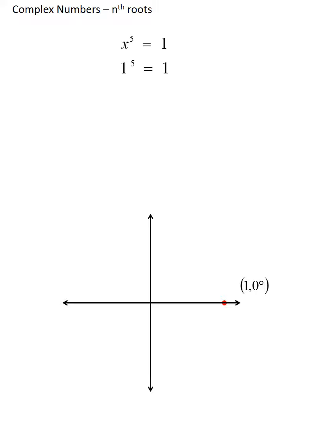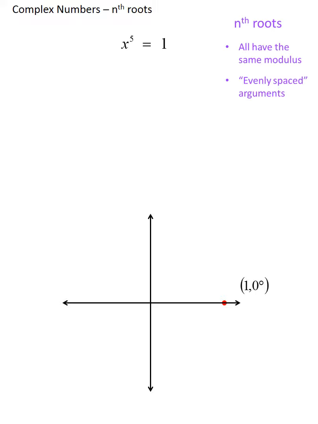I think we could all agree that 1 is a solution to this problem because 1 to the fifth is 1. If you know that 1 is a solution to this problem, then you know that one of the solutions lies on where the red dot is. And that's really all we need to know to proceed and find the other 4 of our fifth roots.